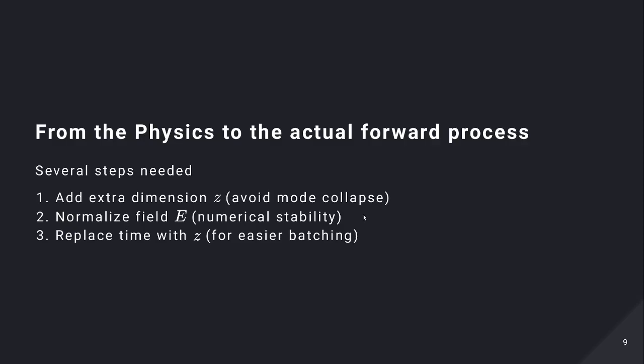Next, because the field is ill-behaved, as it has very high and very small scales, we need to normalize it. Actually, we'll normalize it twice, and this will help with numerical stability. And then we'll replace the time variable with z. The z variable, which we just added as an extra dimension, will serve as the variable for our backward ODE, and we'll see why.